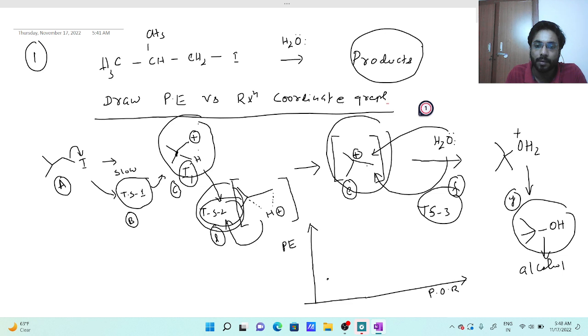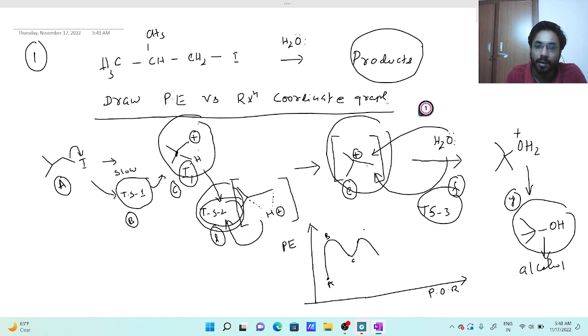A, B, this is A, this is B, transition state 1. Then after that an intermediate is formed, that is point number C. Point number D is also formed.